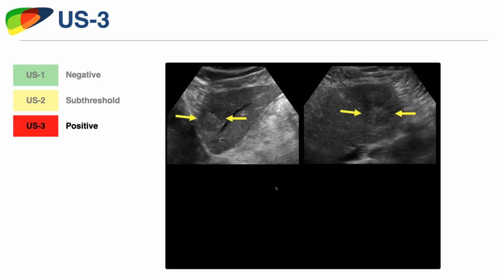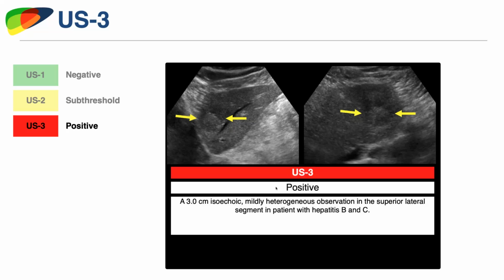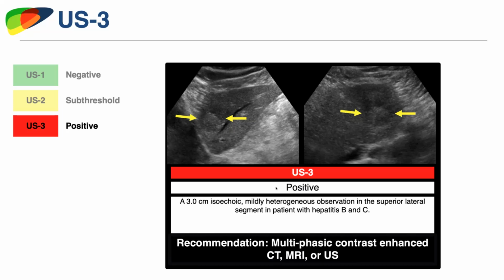In this specific patient who we saw in our clinic, we saw this isoechoic nodule observation in the cranial aspect of the left lobe in a patient with hepatitis B and C. And of course, the recommendation is to go on to a multi-phase contrast-enhanced CT, MRI, or ultrasound.